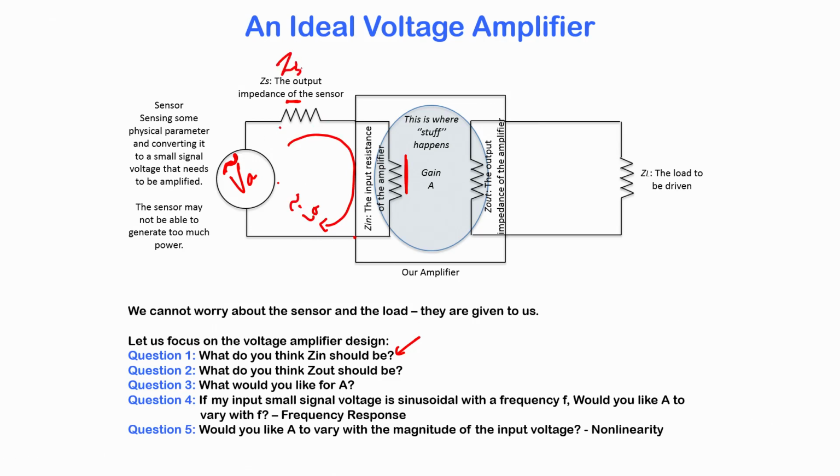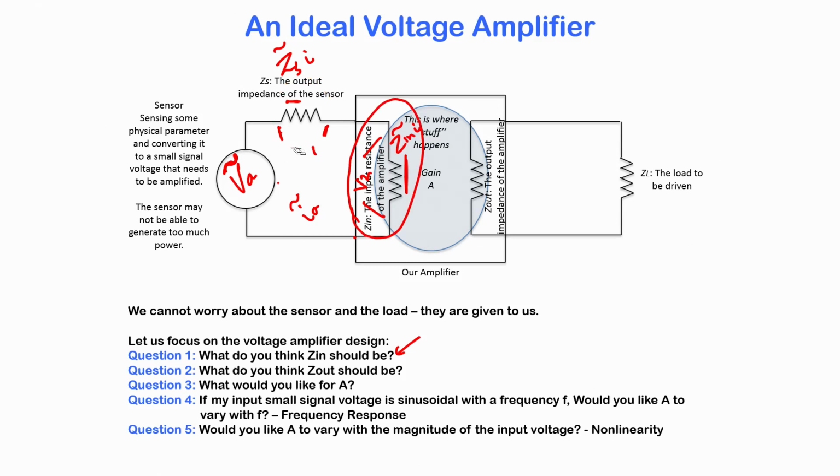So, you will have a drop of ZsI and ZinI across these two resistors, and therefore there is going to be some voltage drop here and some voltage drop here. You do not want all the voltage dropping across the output impedance of the sensor. You in fact want as much of the voltage as possible dropped across the input of the amplifier. You want the amplifier to sense a strong enough input voltage so that it can work very efficiently.